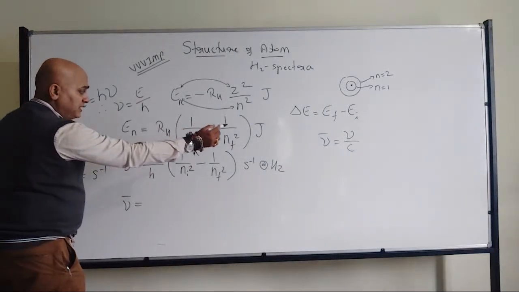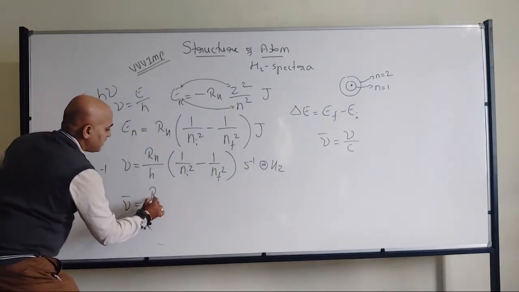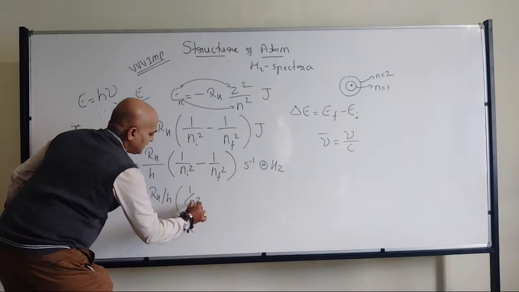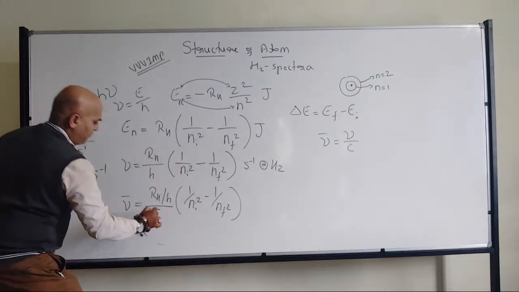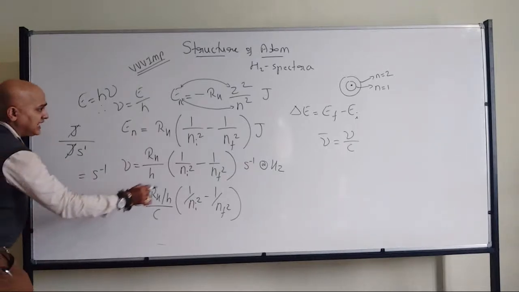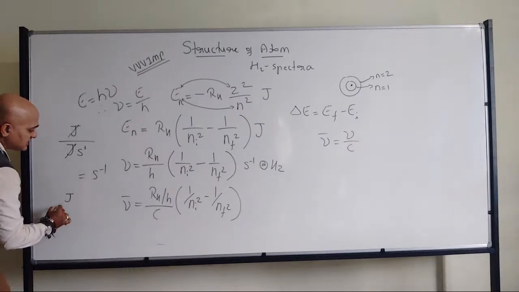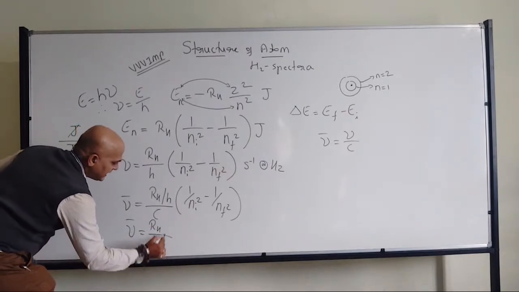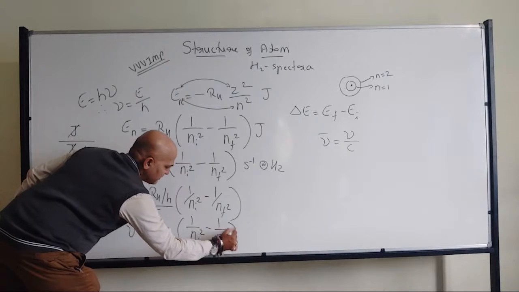So by substituting the frequency value, which is this whole thing, RH divided by h multiplied by 1 by Ni square minus 1 by Nf square, now divided by speed of light, C. RH is joule, and h will come down, so RH divided by hc, multiplied by 1 by Ni square minus 1 by Nf square.